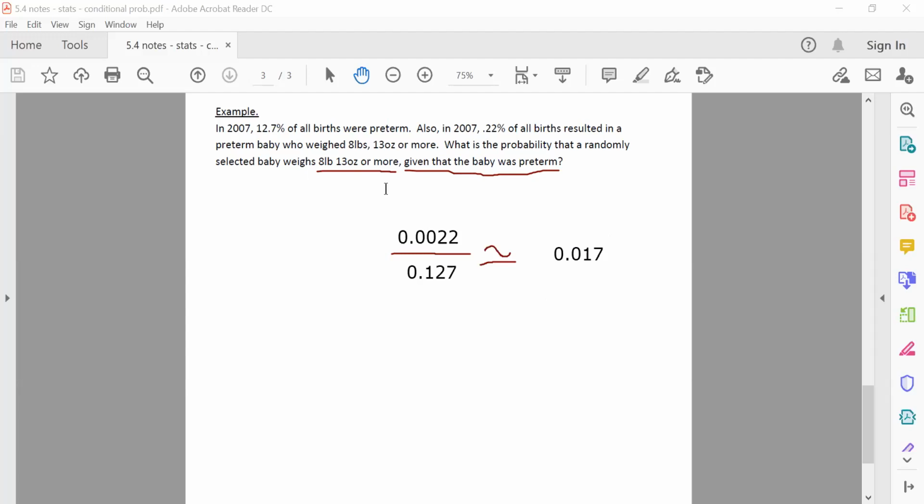And I believe 8 pounds 13 ounces is considered a kind of healthy weight, although that may just be for male babies or something like that. So there you go. That's it for section 5.4.